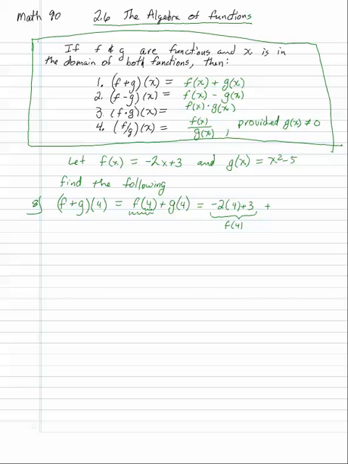Plus, now we're going to do g of 4. We put in 4 for the x in the g function. We're going to work those two out and then add them together.